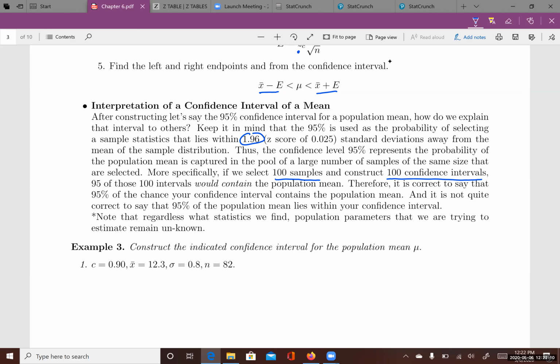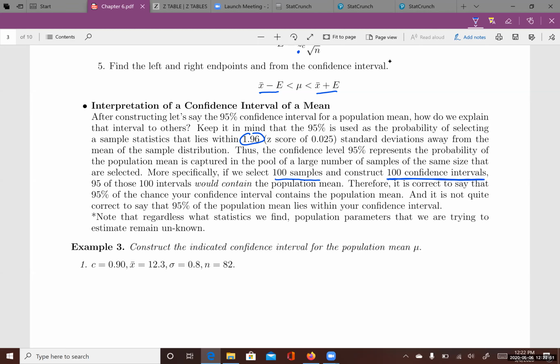And then you hope that 95% of these 100 confidence intervals will capture the population mean. Again, you collect 100 samples of the same size, construct 100 confidence intervals, and it is correct to say that hopefully 95% of these 100 confidence intervals will capture the population mean.